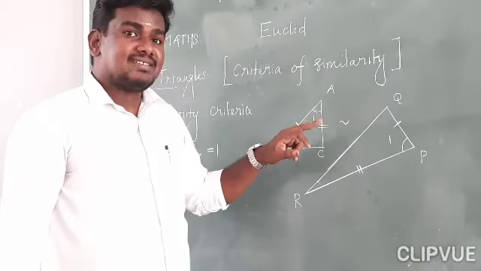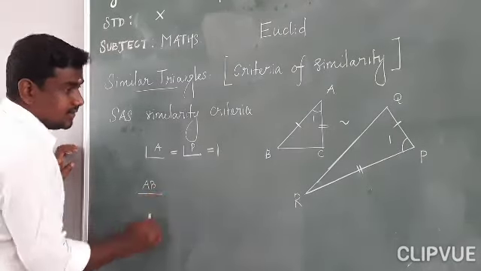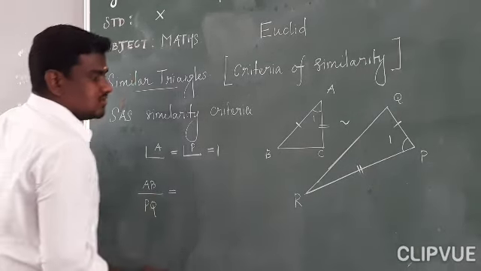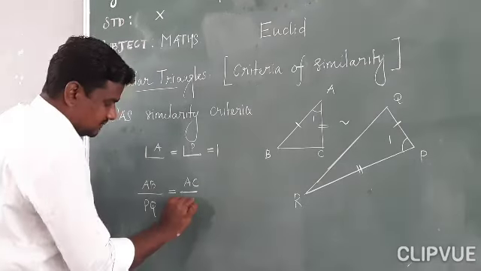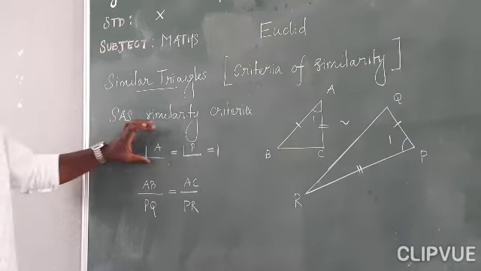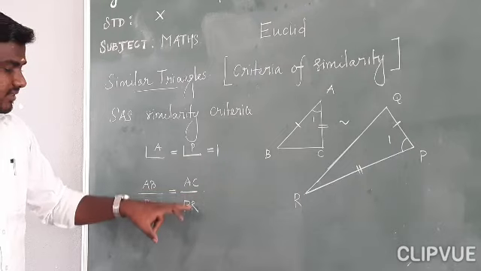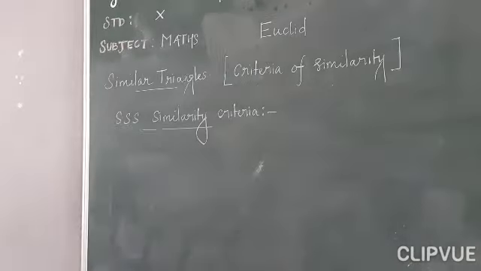The corresponding sides are proportional. How can we write? AB by PQ, next one, AC by PR. So angle A equal to angle P, then AB by PQ equal to AC by PR means we can say the two triangles are similar.